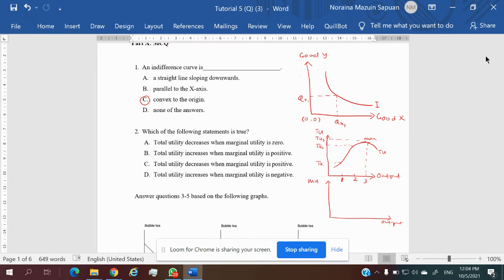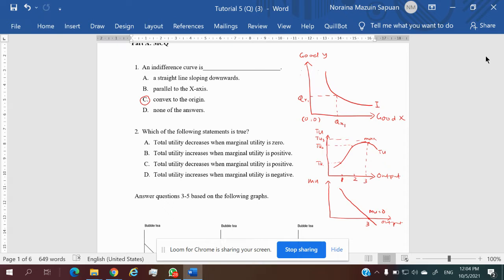When you drink more espresso, the first, second, and third, the marginal utility of drinking the espresso will decline, and it will achieve 0, MU equal to 0, when your total utility achieves the maximum point.